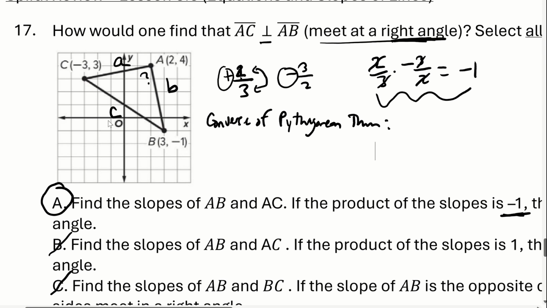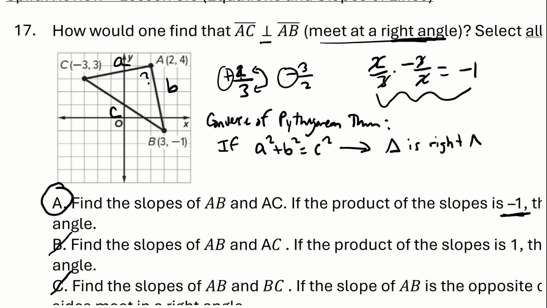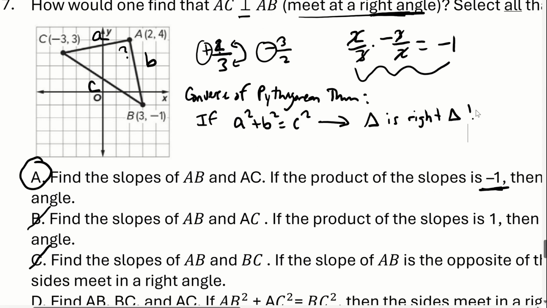If I reverse it, the converse of the Pythagorean theorem states that if A squared plus B squared equals C squared, then that implies that the triangle is a right triangle. So that's how we prove right triangles.